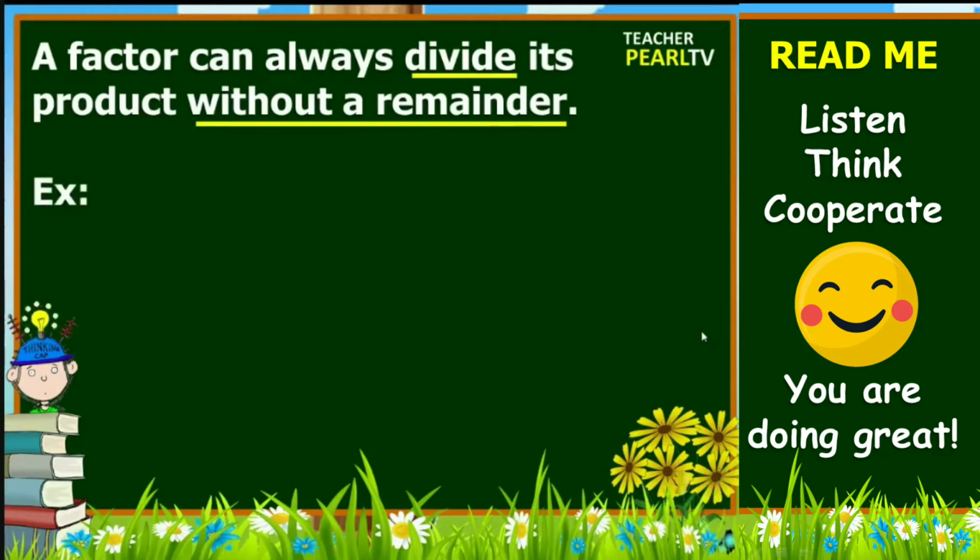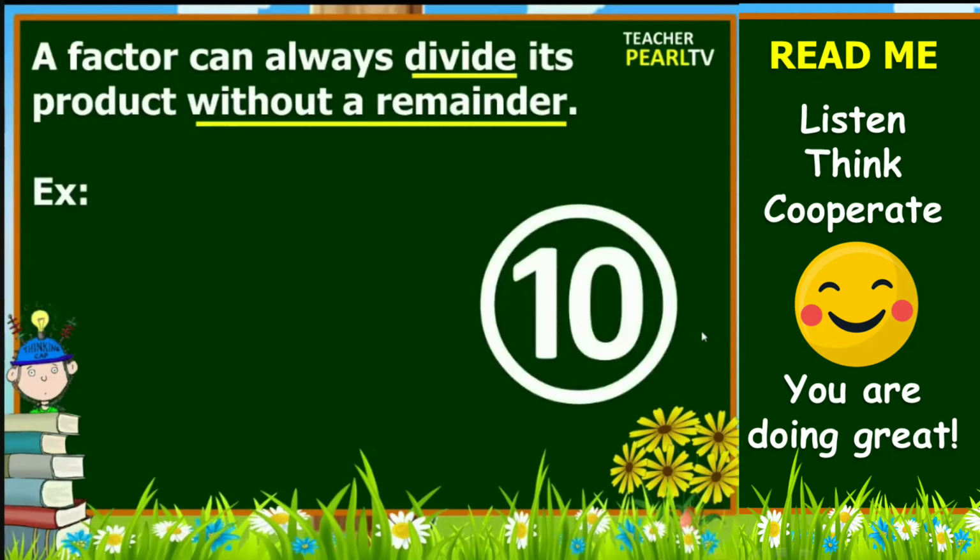Example, let us get the factors of 10. You are given the numbers 2, 3, and 5. Which among these numbers are factors of 10? This time, let us use division to get our answer.